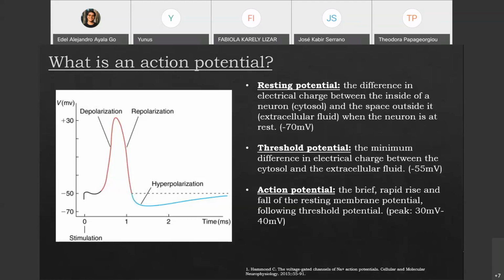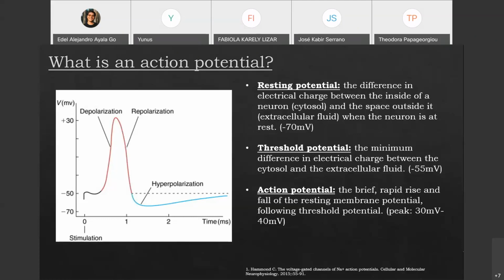And then mass depolarization keeps taking place by sodium ion channels opening, allowing an influx of sodium ions. Once the peak is reached, which is about 30 to 40 millivolts, these sodium ion channels start closing and potassium ion channels start opening, allowing potassium ions to leave the cell.